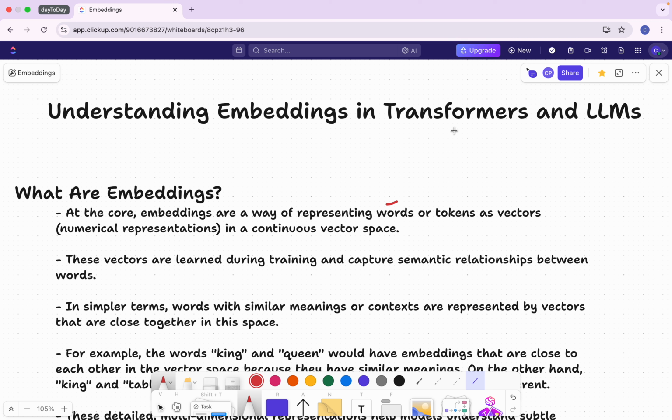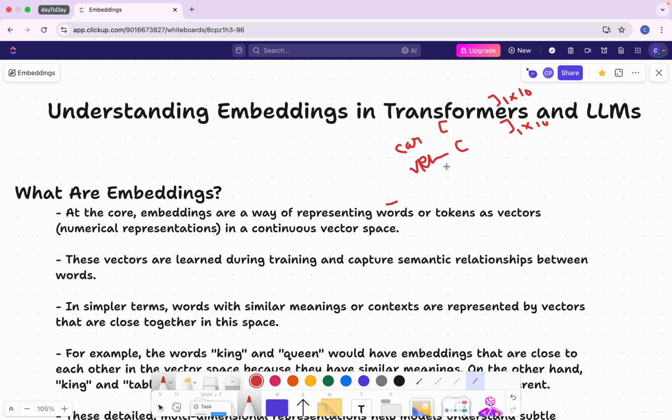Okay, so let's suppose I am using two words, let's say car and vehicle, and I will represent them as a dense vector or some kind of vector. Let's say this dimension is 1 cross 10 and this also has 1 cross 10 dimension.